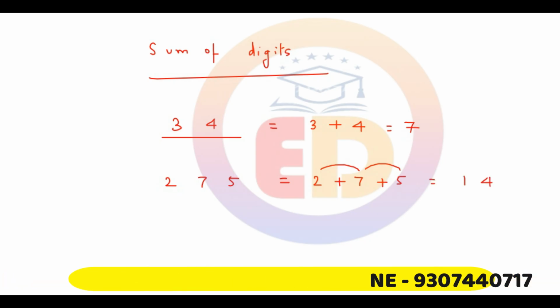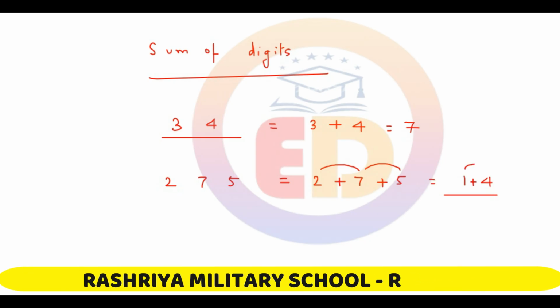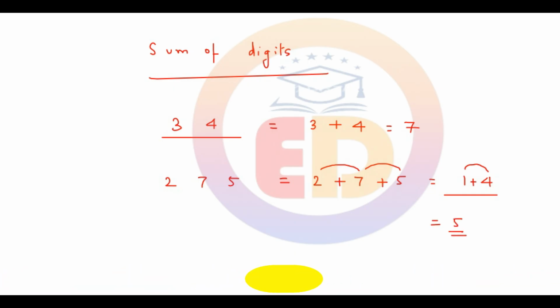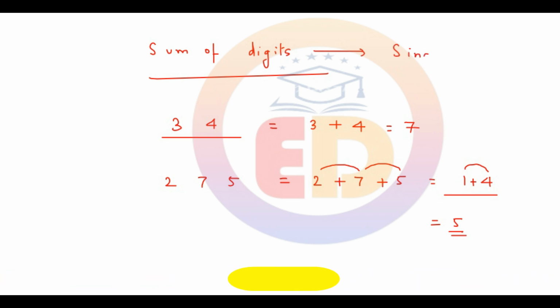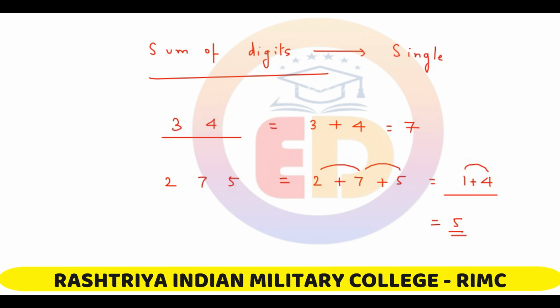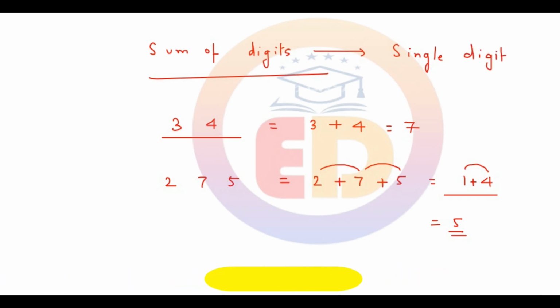Now 14 is a 2-digit number. Again add, 1 plus 4 is 5. So in the addition method, I will keep on adding the digits till I get a single digit number.